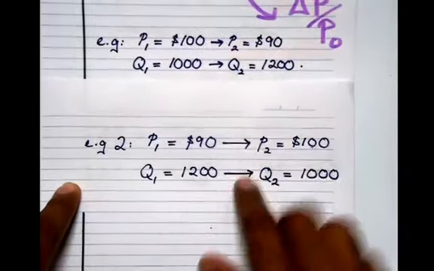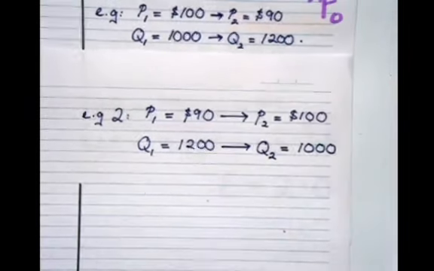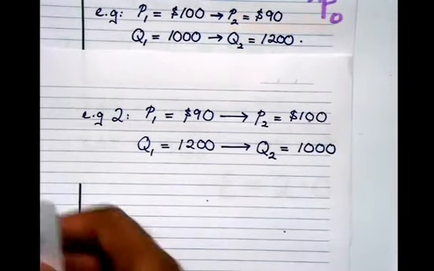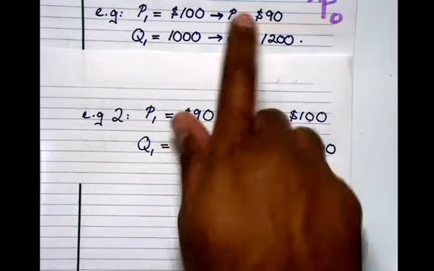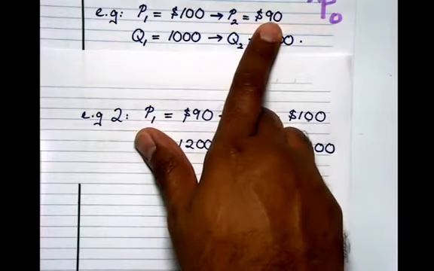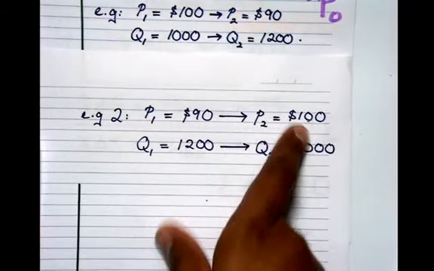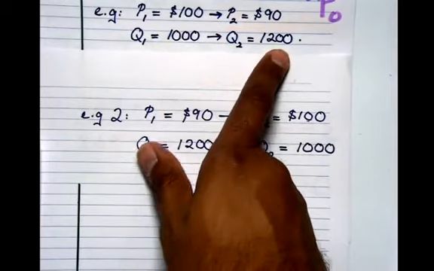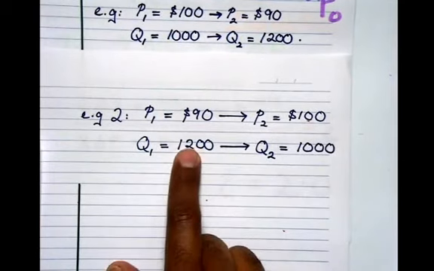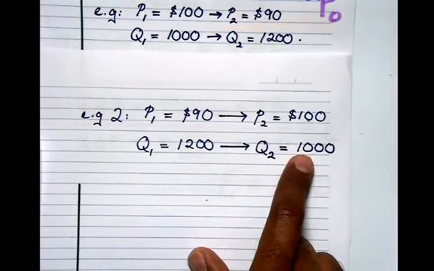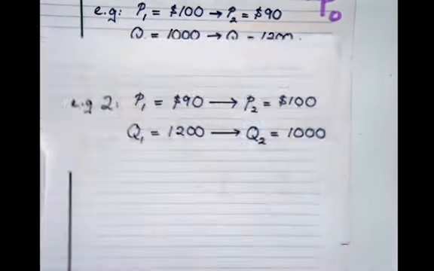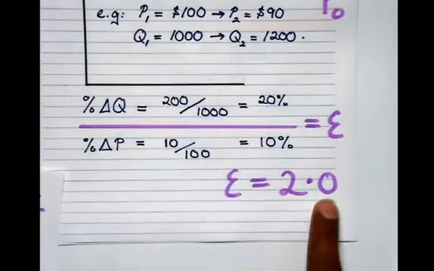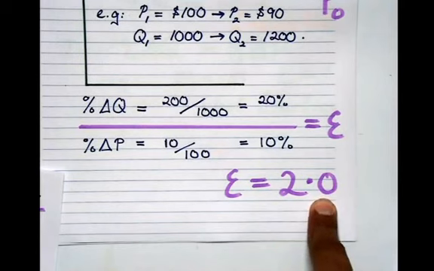The first example, the second example, what do you notice? $100 becomes $90, $90 becomes $100. 1,000 becomes 1,200, 1,200 becomes 1,000. I've just reversed the numbers. But do we get the same answer for elasticity?